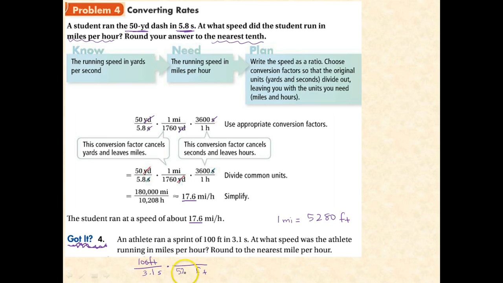So 5,280 feet, 1 mile. And I want to cancel seconds. So I'm going to put seconds on top and hours on the bottom. And if you look right up here, there's 3,600 seconds in 1 hour. And just for funsies, let's do like they did. Our feet are going to cancel. Our seconds are going to cancel. And we'll be left with miles per hour.